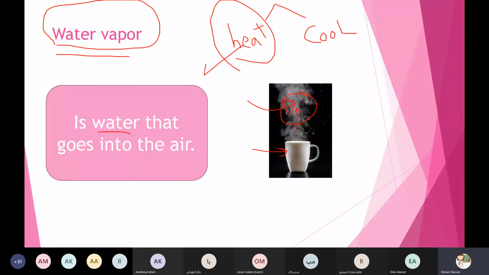So the water vapor is the water that goes into the air, but by heating, we must heat up this water. Okay.